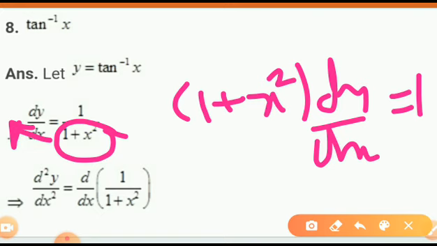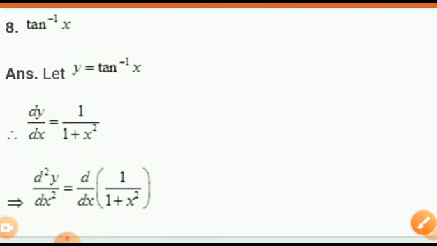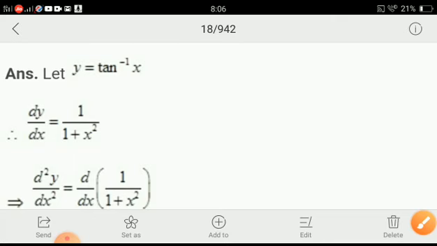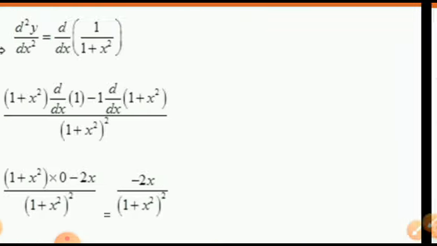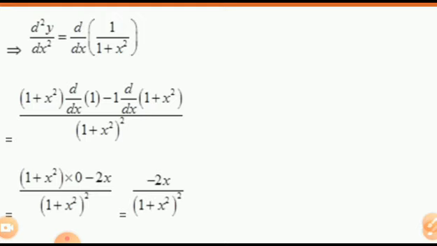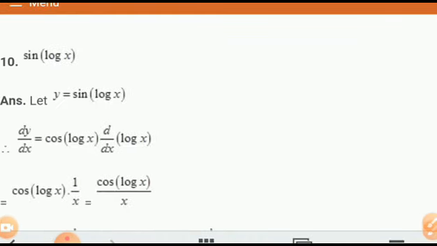Simplify it and then find what is your d2y by dx square. Clear? Or if you need to find by this method, you can. This method, it is by your quotient rule. Okay. If you are doing by first method, just check whether you are going to get the same answer as minus 2x by 1 plus x square bracket square.